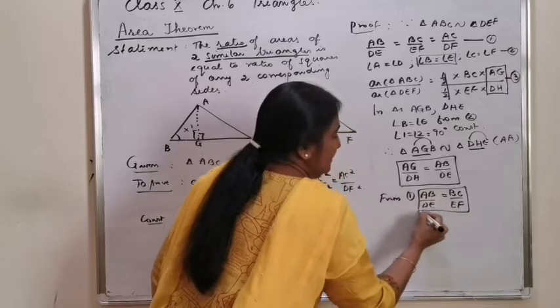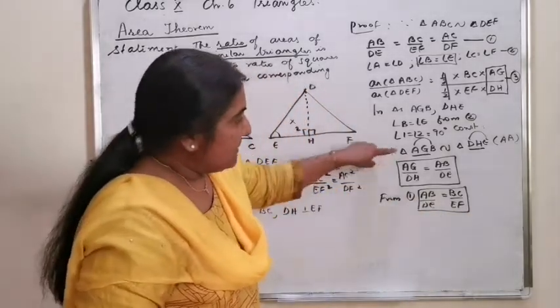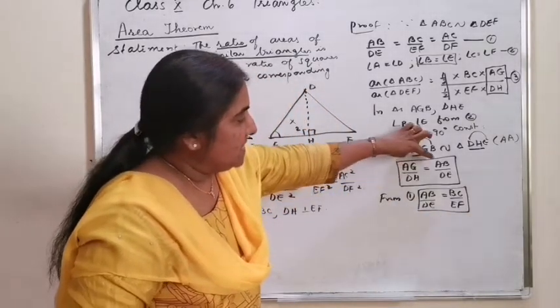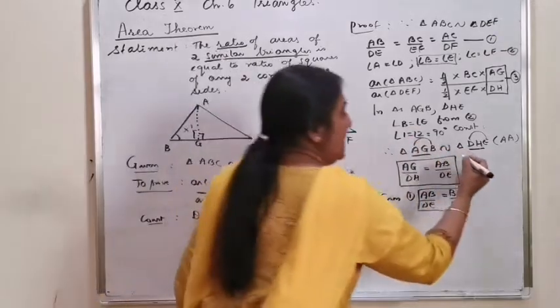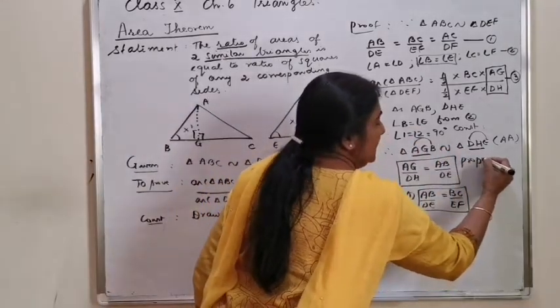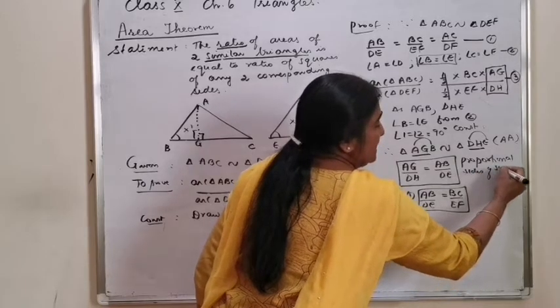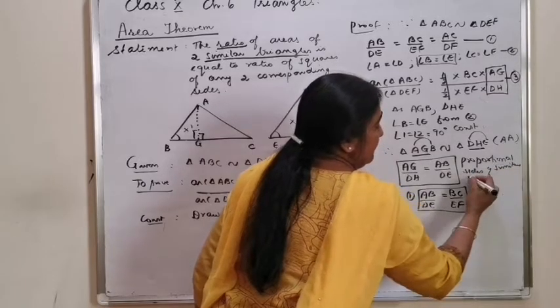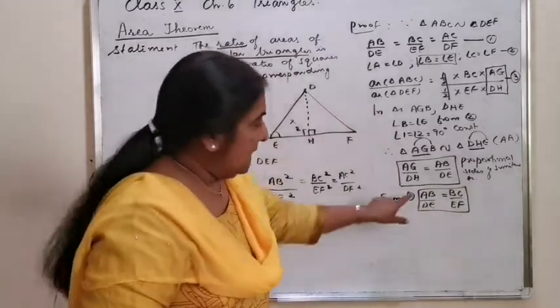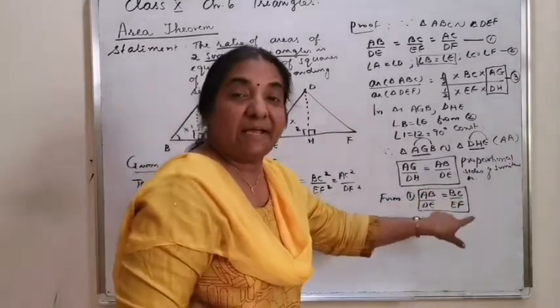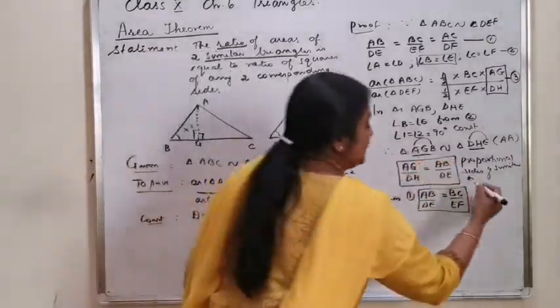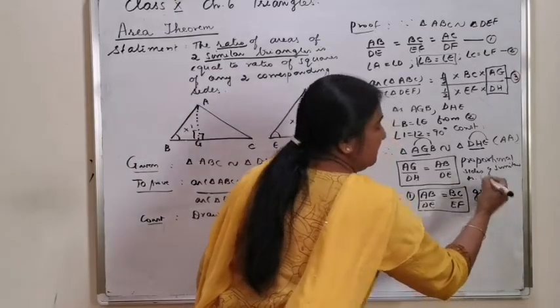Highlight that also. That is, AG by DH is equal to AB by DE as the proportional sides of similar triangles, and AB by DE is equal to BC by EF as given condition.